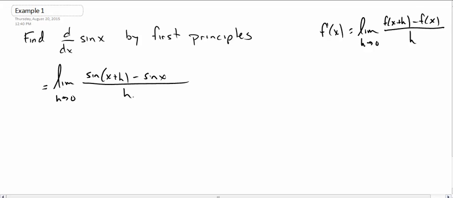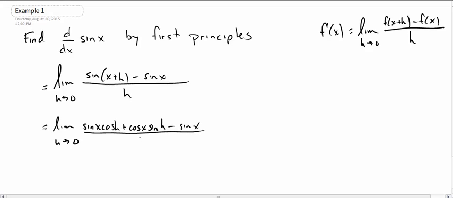And now we have to do some expansion. We use the sum identity for the sine function. And if we expand that out, we get sine x cosine h plus cosine x sine h minus sine x, and this is all over h. We see that this term and that term both have sine x.